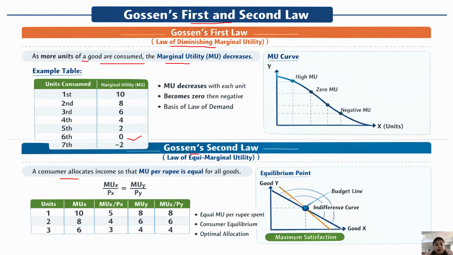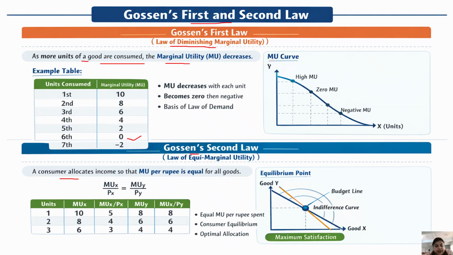So let's see how it may be equal. There are two parameters that have to be satisfied. We will discuss them in the later slides, but look at one example for basic understanding. There are three units where the marginal utility of X is 10, and the marginal utility of X divided by price is 5.